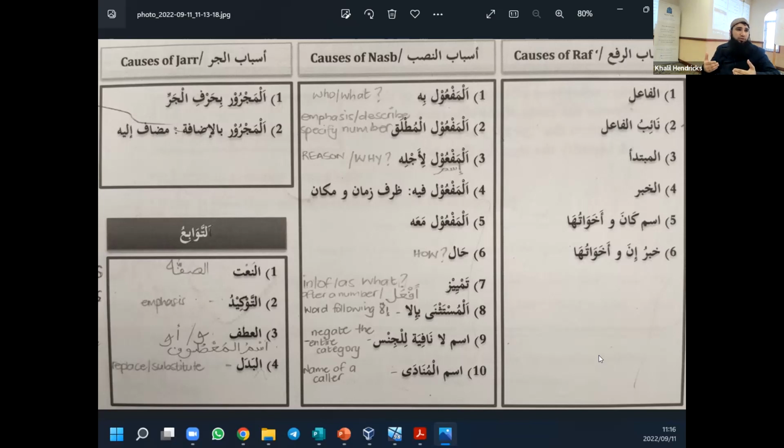The first part gets its hal from a different function in the sentence, like maybe the first word will be ismul majroor, but the second part of the construct just follows the hal of the first part, like the mawsuf. What hal is a mawsuf in?